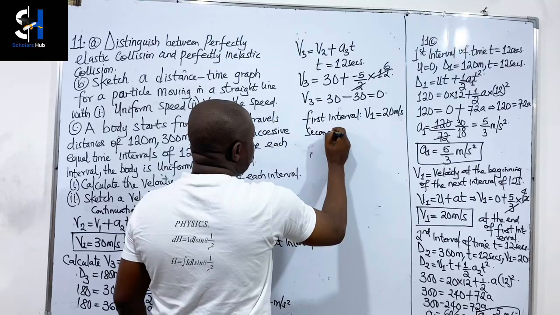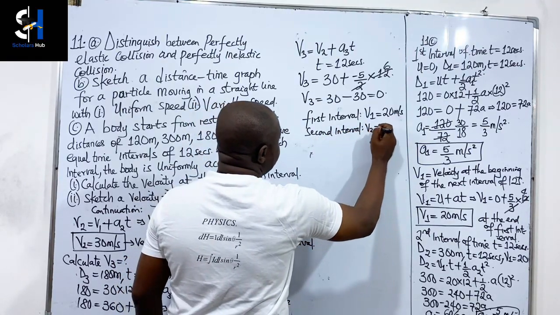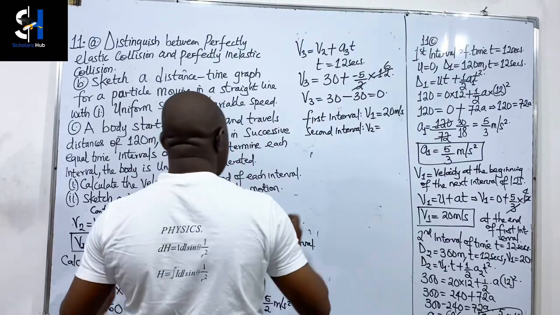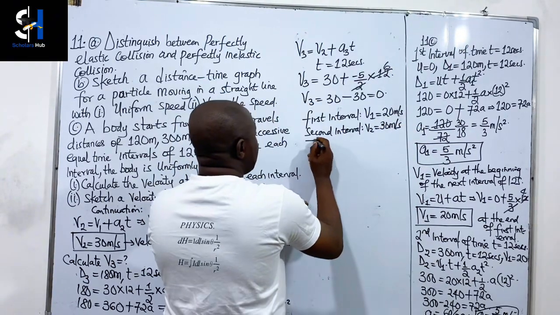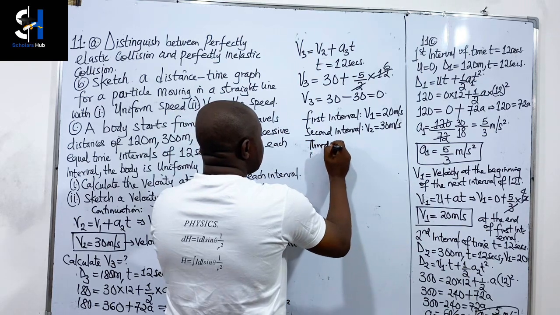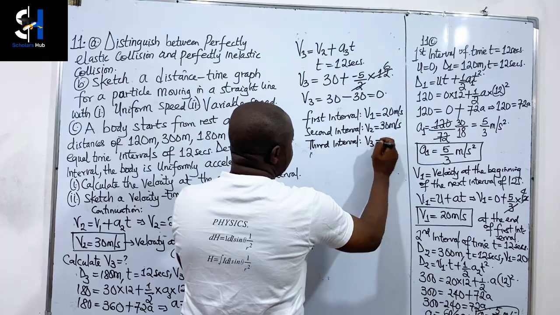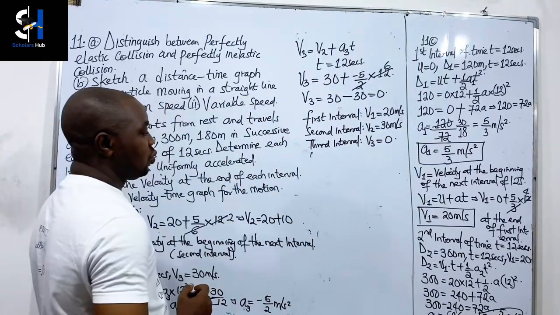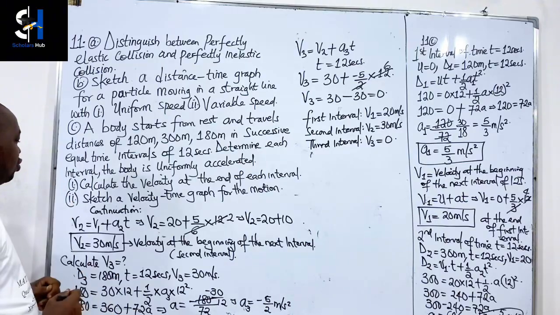Second interval, we have v2, which is 30 meters per second. Now, third interval, we have v equal to 0. So these are the answers for Roman numeral 1.